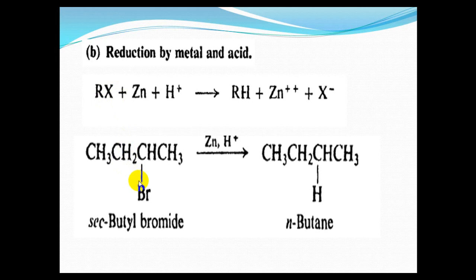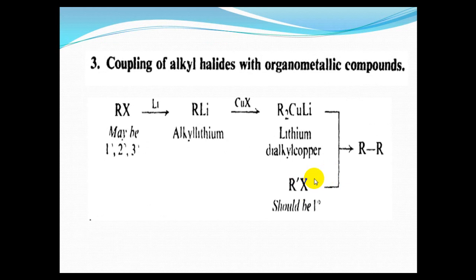For example, secondary butyl bromide will be reduced by zinc and acid in order to produce normal butane.